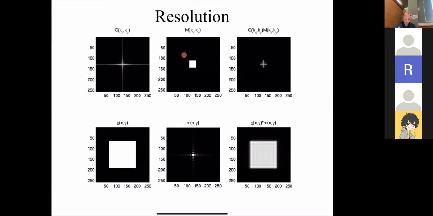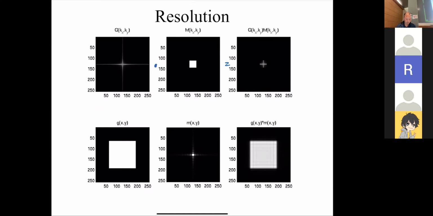And this gives me my windowed function, which just has samples within this window. I'm not acquiring any of the samples out here. So this multiplication equals that.